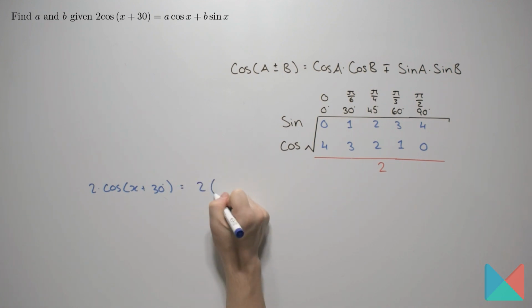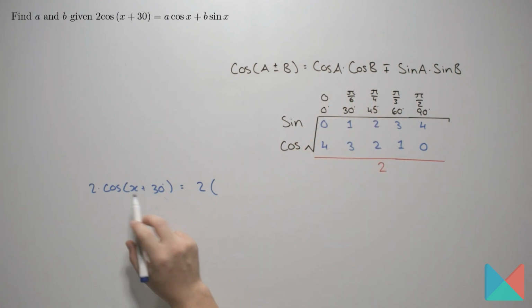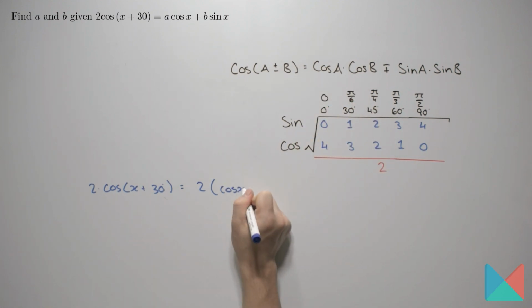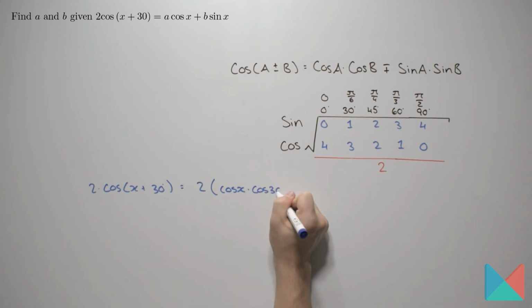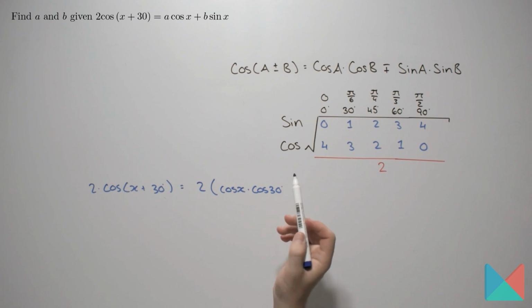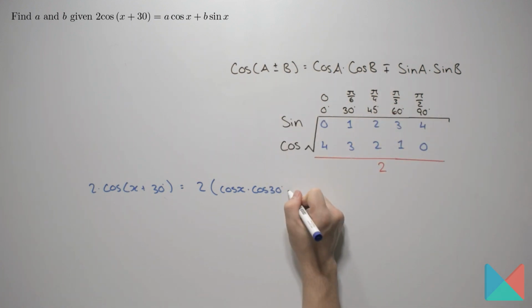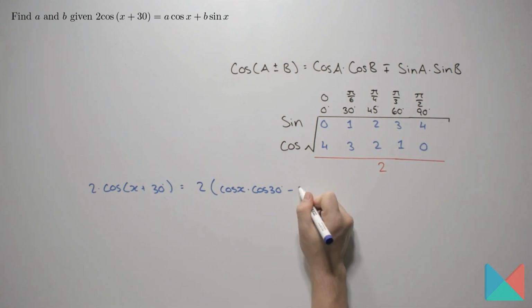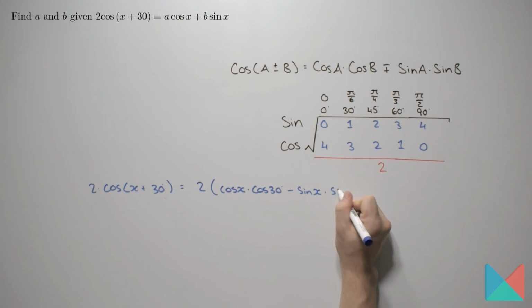So we have 2 times, and we can expand this using cos A times cos B, which is going to be cos of our first angle, cos x, times cosine of our second angle, cos of 30. And because we're using the sum identity, we're going to be using the top operator. And so we have a negative sine A times sine B, which is sine of our first angle, x, times sine of our second, sine of 30 degrees.